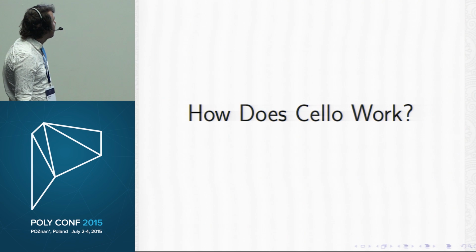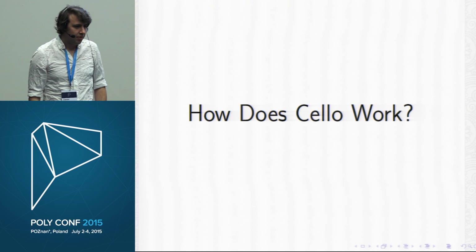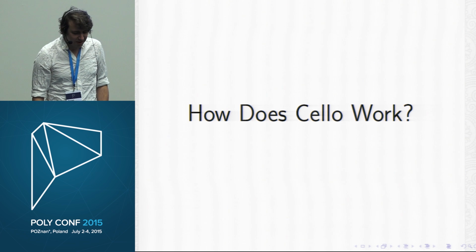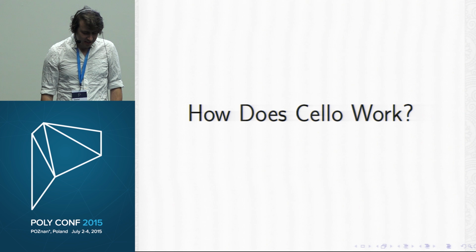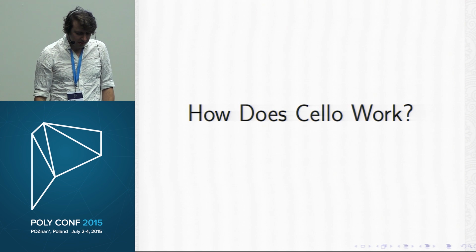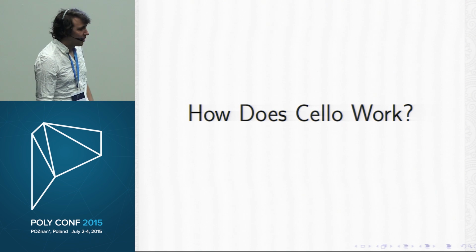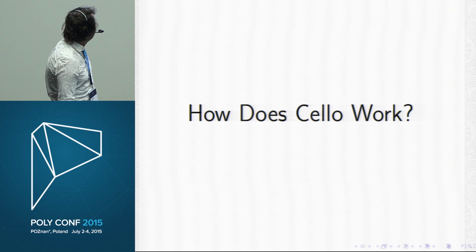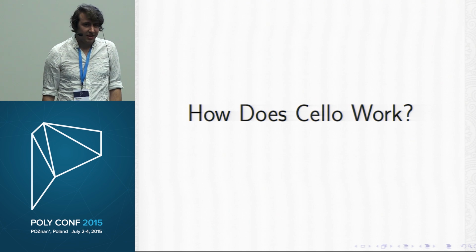So now I'm going to talk a bit about some of the core ideas. I apologize in advance to anyone who's not that familiar with C, because there's some horrible syntax which you're going to see, and it may be hard to follow, but I'll try my best.